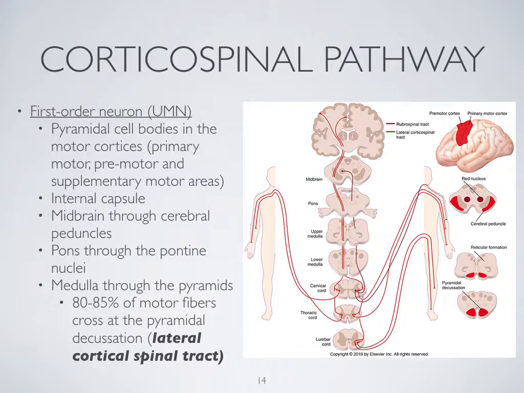The one that decussates is the lateral corticospinal tract. That's going to be to our distal limbs. That's going to help with precision movement, so very finely controlled movements. Now it's important to note that 80 to 85% of this decussation at the pyramids is going to be your lateral corticospinal tract.